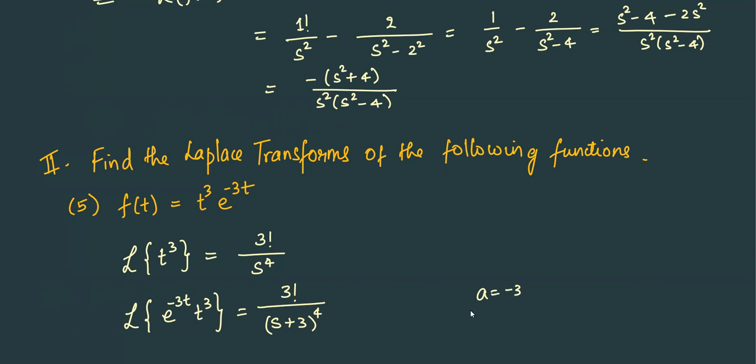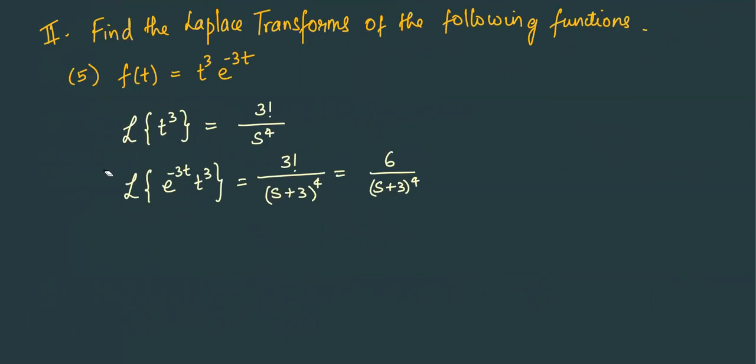So remember, s minus a becomes s plus 3 whole power 4. So you get 6 upon s plus 3 whole power 4. This is the Laplace transform for this function. This is using the s shifting property.